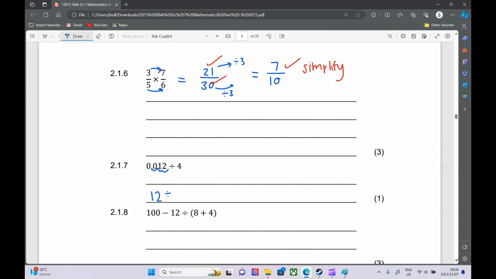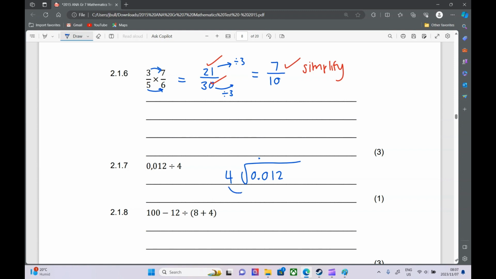Actually, it's okay, let's leave it. That's complicating it. What we're going to do is draw our garage. We put the number inside, so 0.012, just like we usually would. Put the 4 on the outside. And we just have to line the decimal place up.